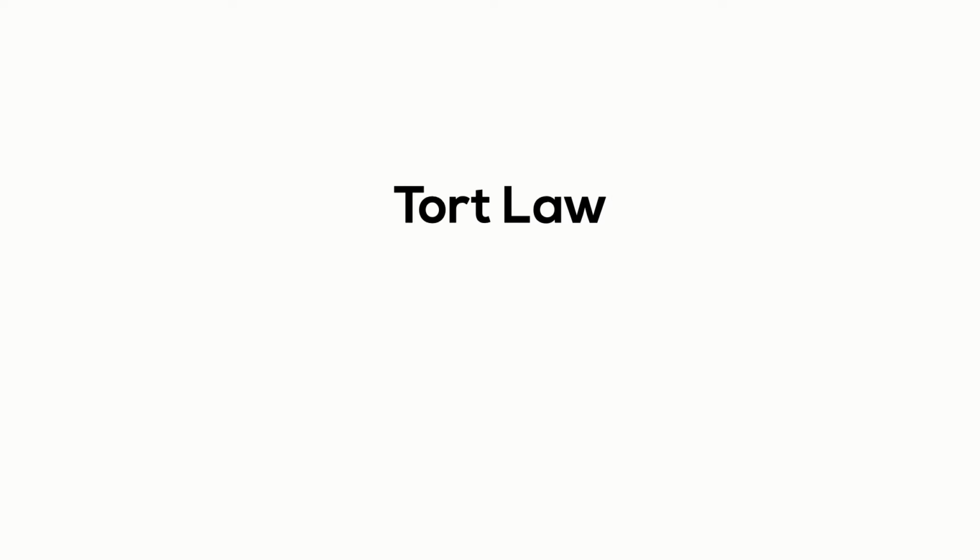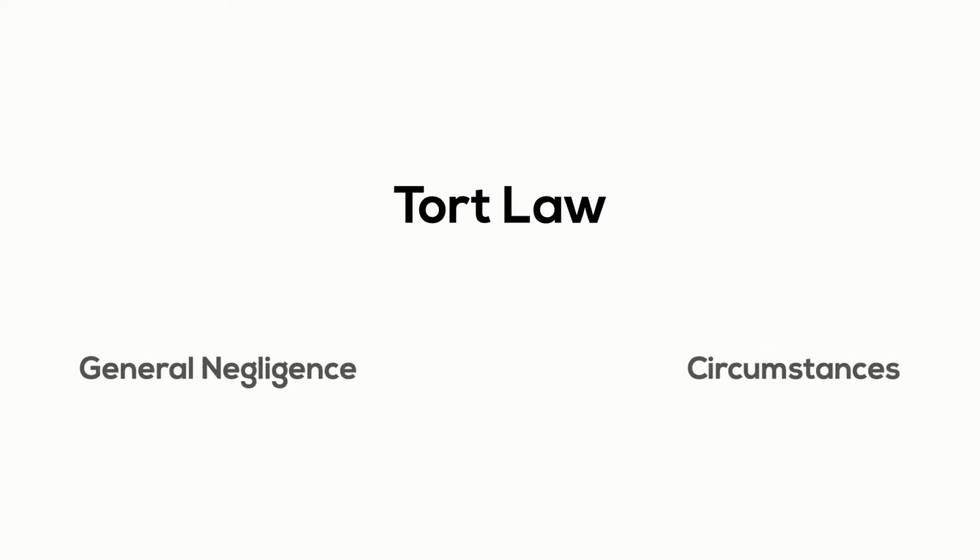Now, having understood and appreciated where tort law fits in terms of the grander scheme of the law at large, it's now important to understand and dissect the structure of this subject. By and large, tort law is made up of two constituent components, namely general negligence on the one hand and circumstances in which general negligence takes place.